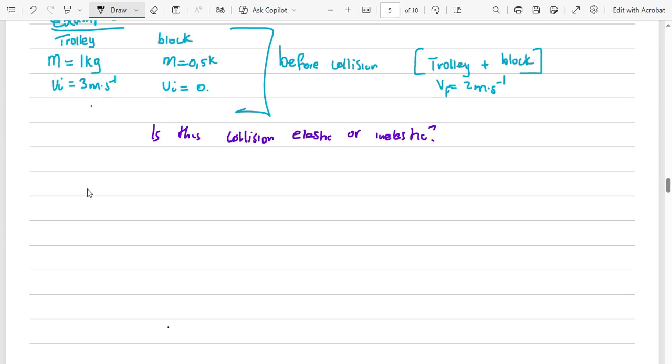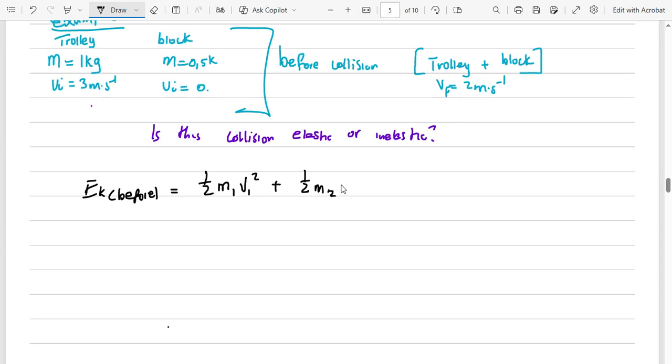And remember the formula, EK before is the kinetic energy of the trolley. Shall I call it mass 1, multiplied by the velocity of the trolley squared, plus the kinetic energy of the block.